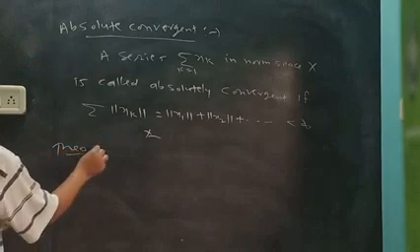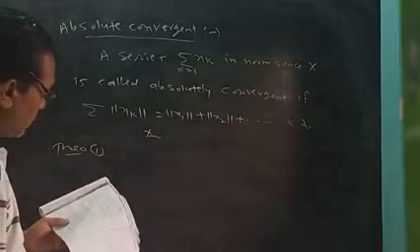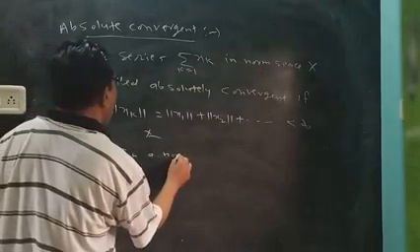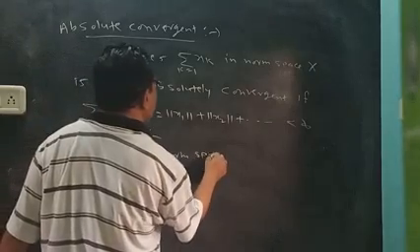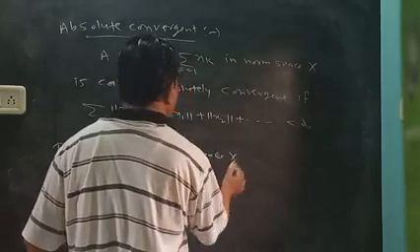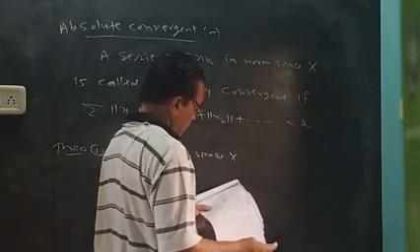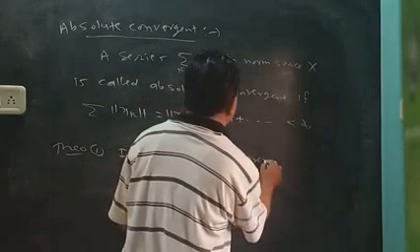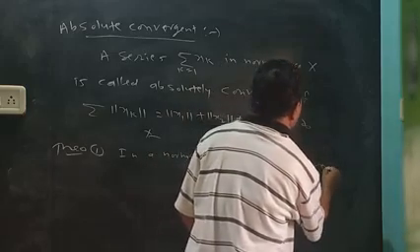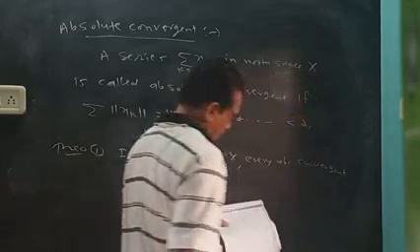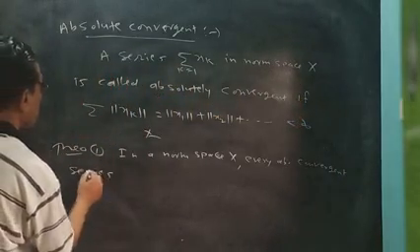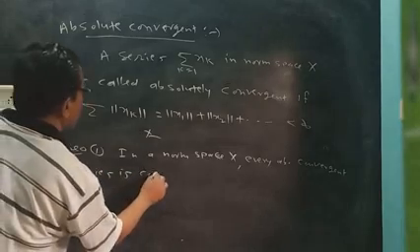So, theorem on this absolute convergence: in a normed space X, every absolutely convergent series is convergent.